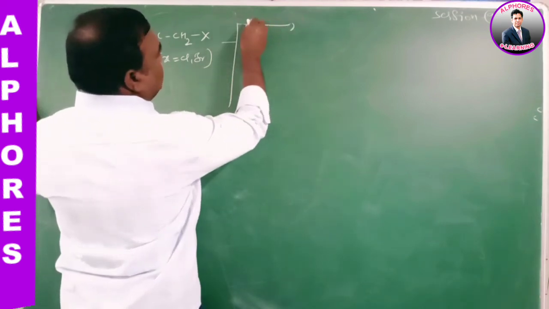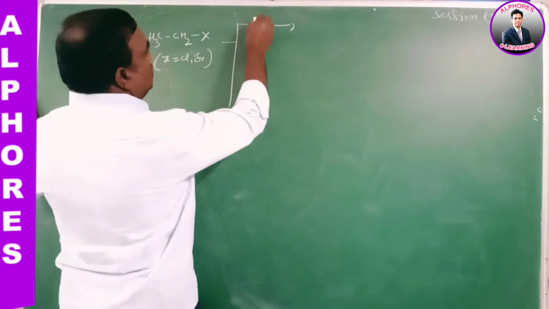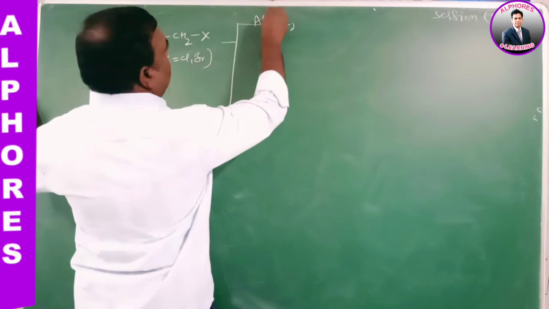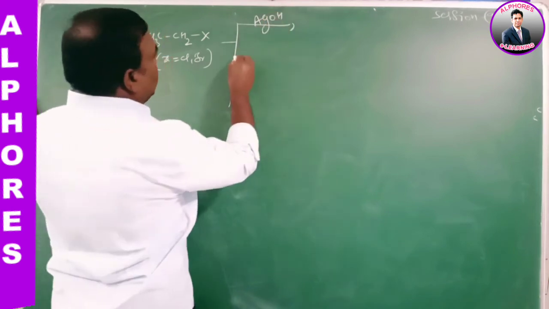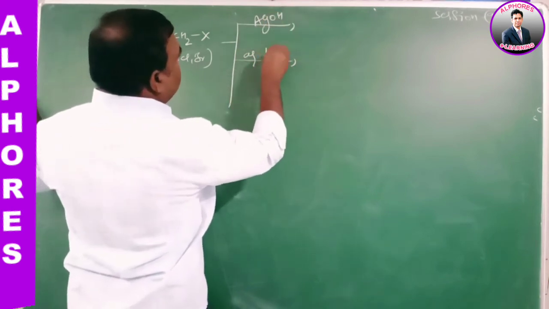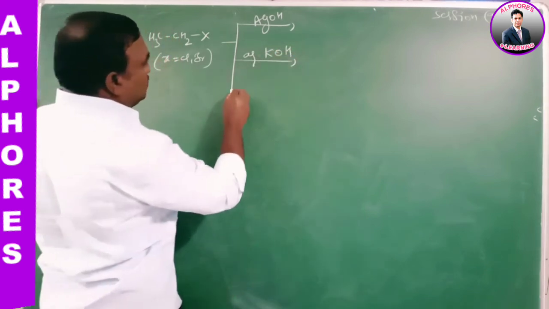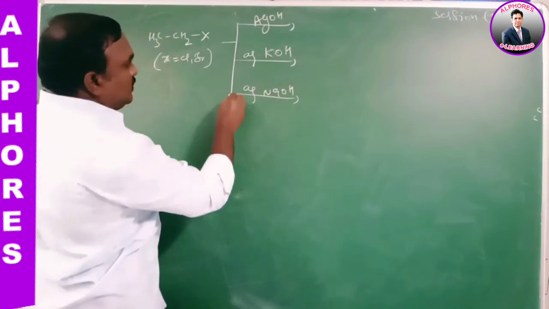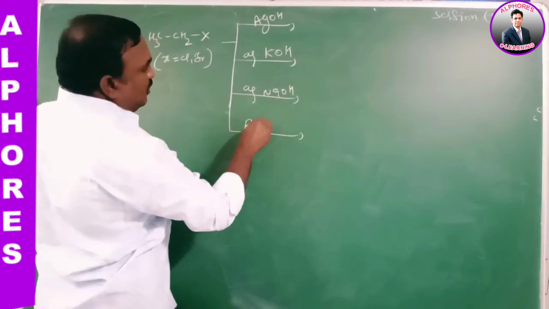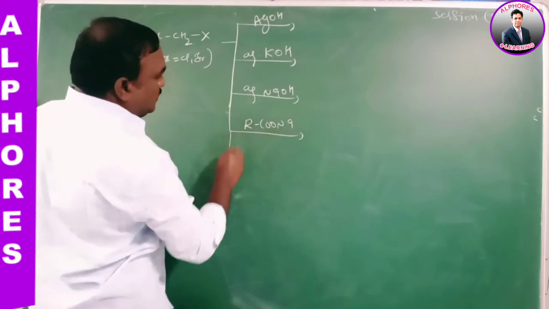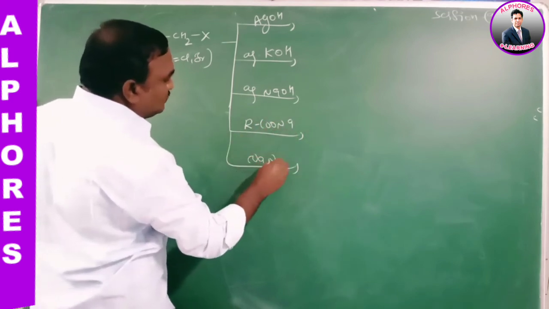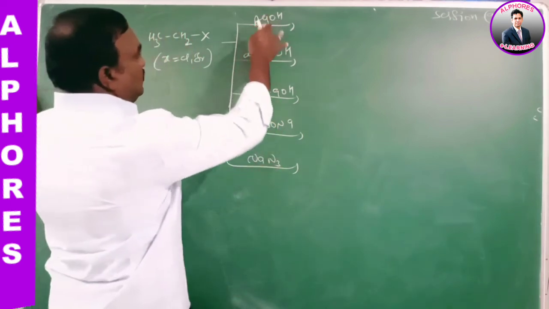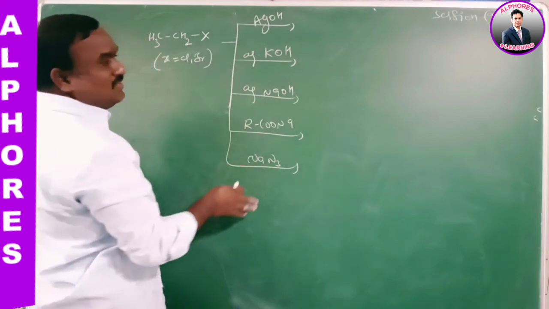Again the compound reacts with moist silver oxide, which gives silver hydroxide, or with KOH, NaOH, RCOONa, or NaN3. First find out what type of nucleophile is present in the given reagents.